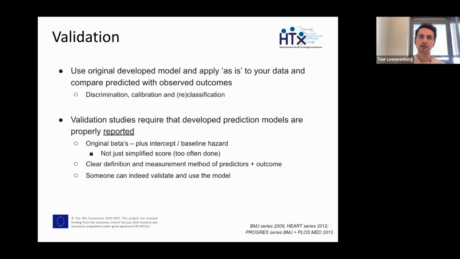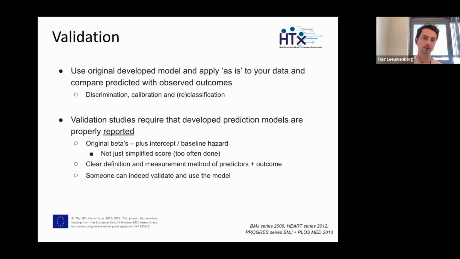Yeah, and then another aspect is that if you want to validate existing models that you identified in a review, for example, then those models should be really nicely reported. Otherwise, you cannot apply the model to new patients.